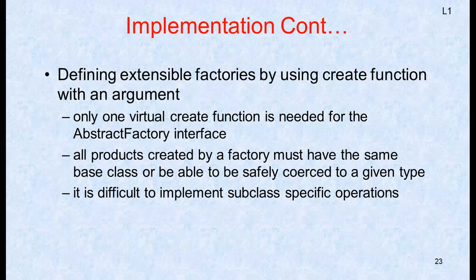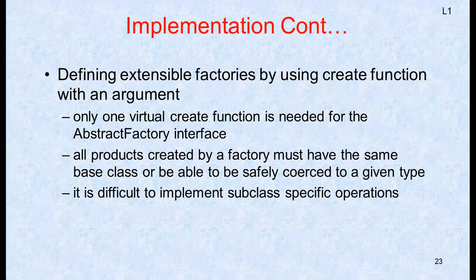This variation is easier to use in dynamically typed languages like Smalltalk than in statically typed languages like C++. So we can implement this very easily in a dynamic language like Smalltalk, please note. And it is very difficult with statically typed languages like C++.